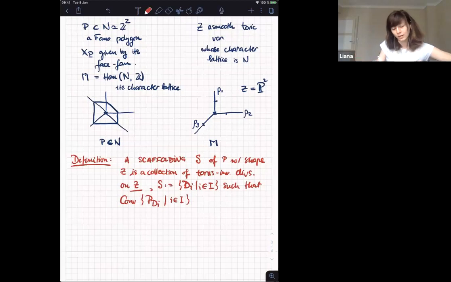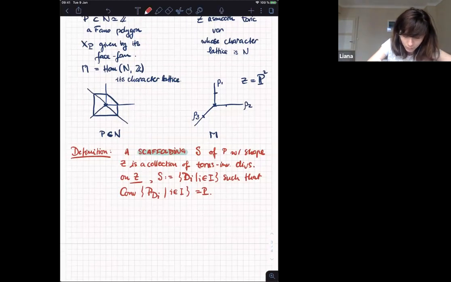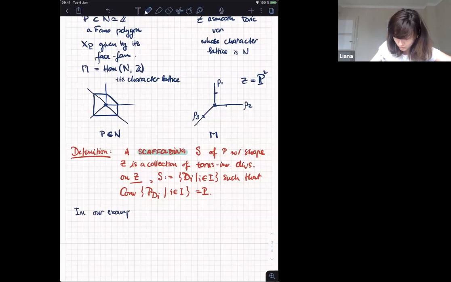So before I can give an example, I have to choose a scaffolding of this guy. So in our example, it's a bit of a mouthful, this definition, so I'd rather we look at something concrete. In our example, let's choose 2 of the D_i.